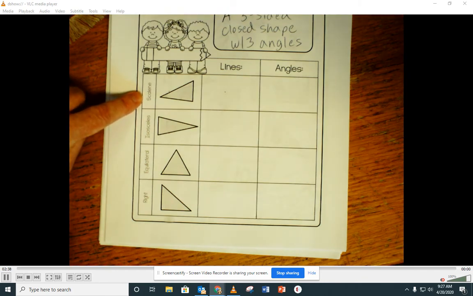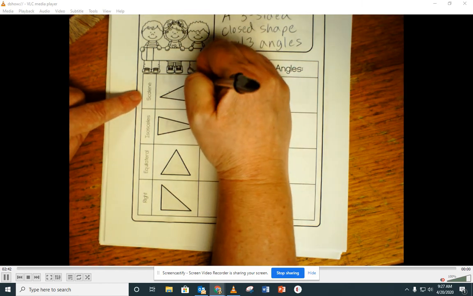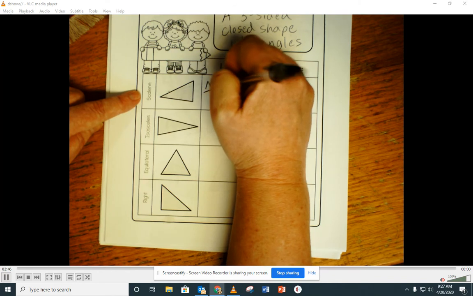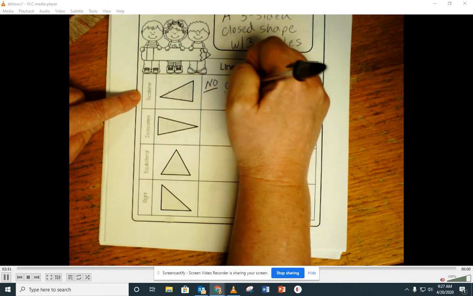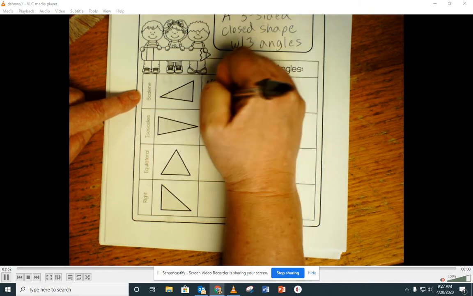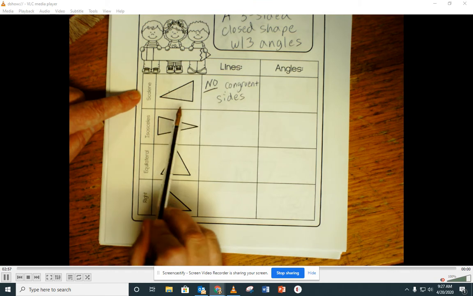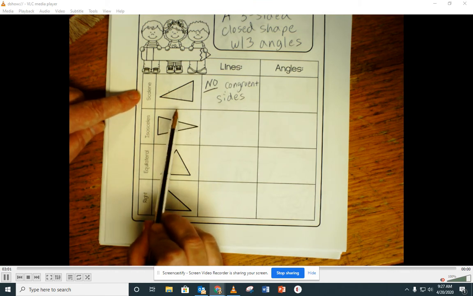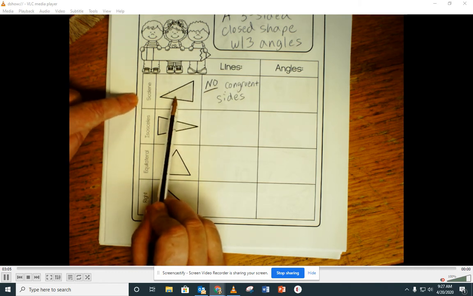And a scalene triangle has no congruent sides. So that means that it is a triangle where the three sides are all different lengths. None of them are the same. And what kind of angles do we see?